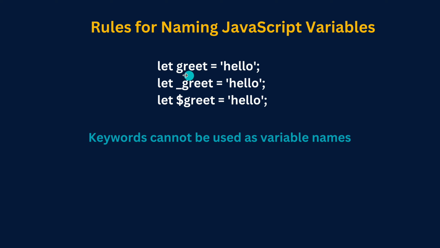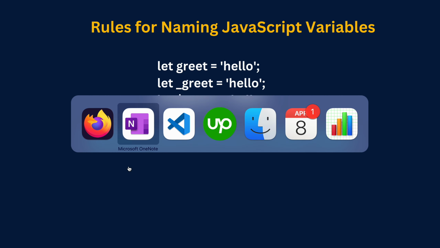So this container which holds the values should have some name, and if you're putting some name, there are some rules. Start from uppercase or lowercase, start from underscore, after that it can be anything, alphanumeric, or start from $. Keywords cannot be used. What is the meaning of keyword? Some words are reserved by that language.